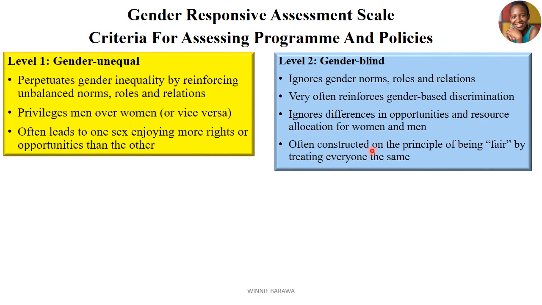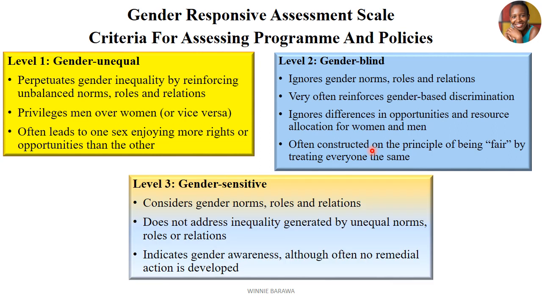It is often constructed on the principle of being fair by treating everyone the same, without considering any opportunities available, without considering any resources that should be properly allocated based on the needs, roles, norms, and relations that are at play. So that is level 2, where we say the project is gender blind.